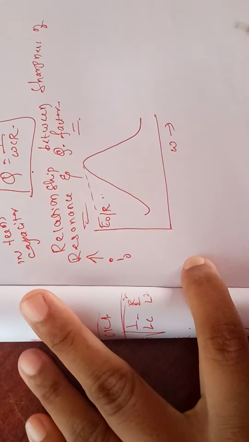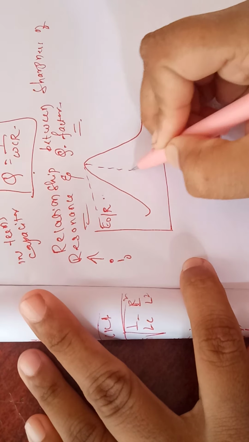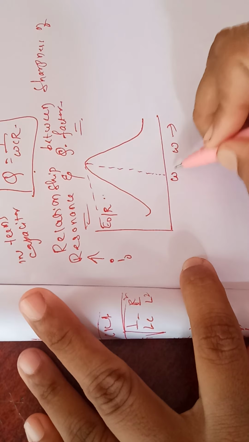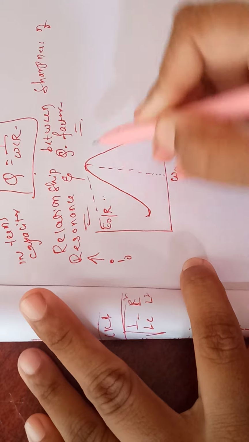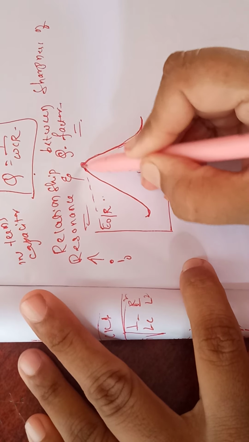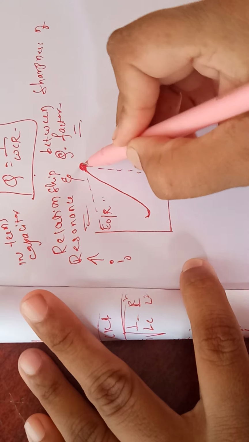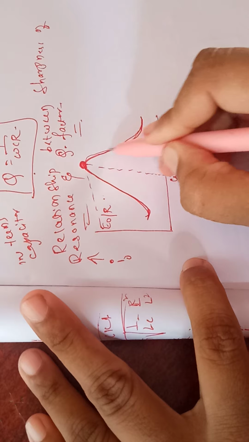Now this is the resonant frequency. You just see on either side of the resonant frequency the current is dropping. Here the current is maximum, but on either side of the resonant frequency the current is falling.